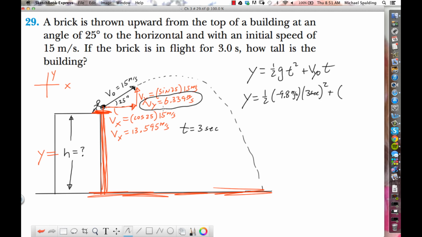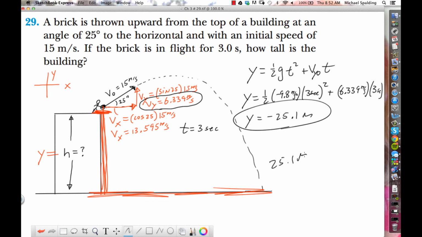It's right here, 6.339, and then time in the air is 3 seconds. All right, this gives an answer of negative 25.1. So what's the height of the building? 25.1 meters. That's the height right here. The height of the building is 25.1 meters.